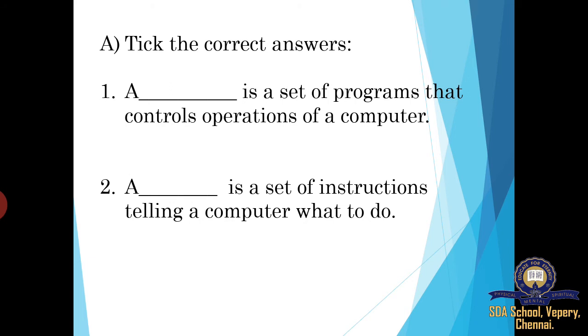The first is tick the correct answers. The first question is: dash is a set of programs that controls the operations of a computer. Dash controls the overall operations of a computer. Yes, software. Software is a set of programs that controls the overall operations of a computer.